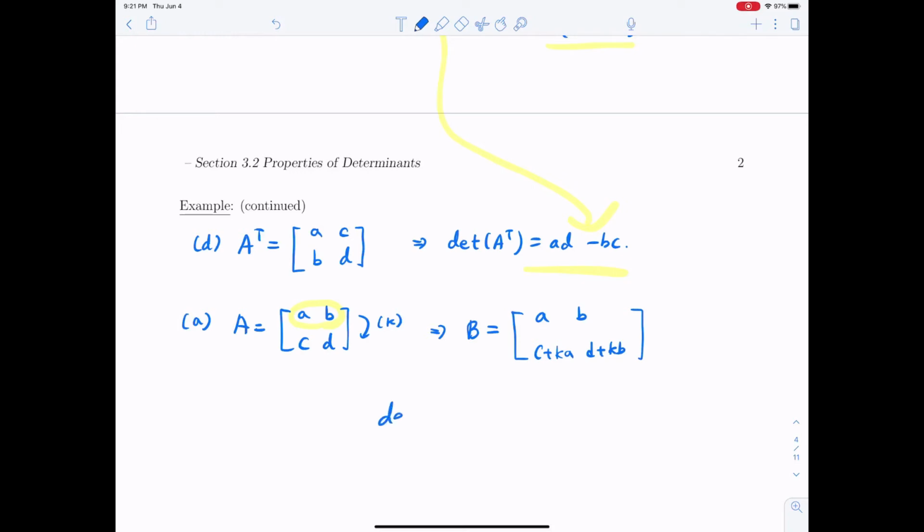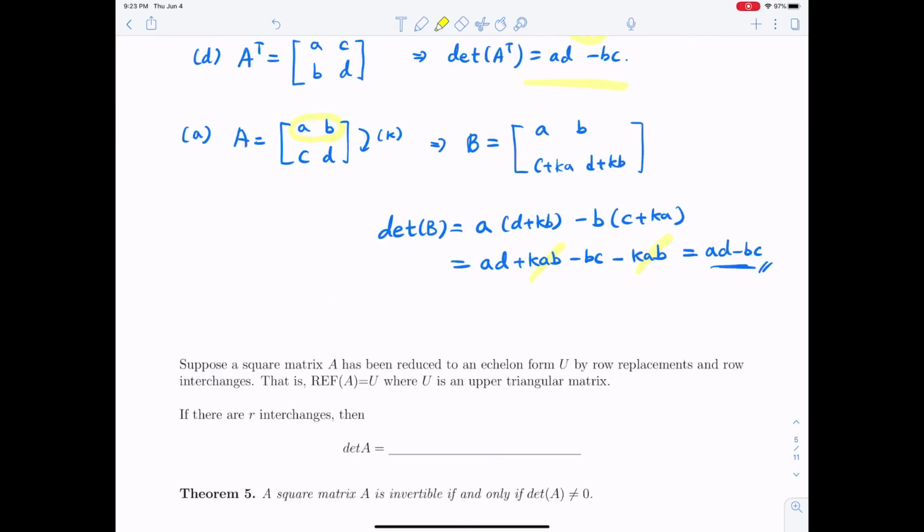And then the determinant of B equals a times (d+kb) minus b times (c+ka), and this equals ad plus kab minus bc minus kab. And now these two cancel out. That gives you the determinant of the original matrix A.